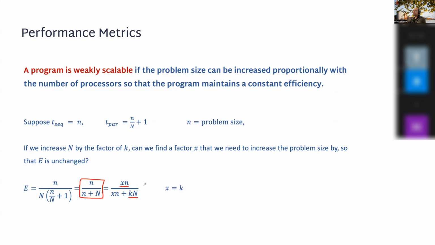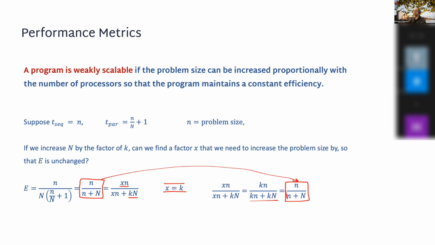If you solve it, you can see that if x is equal to k, you can substitute it in the equation. And finally, for the scaled program, sorry, you can get the same efficiency as this efficiency.